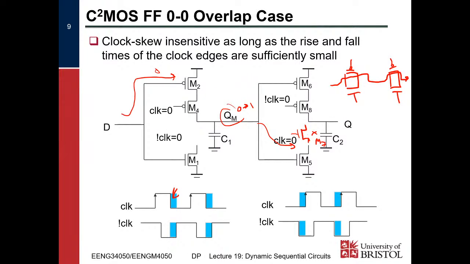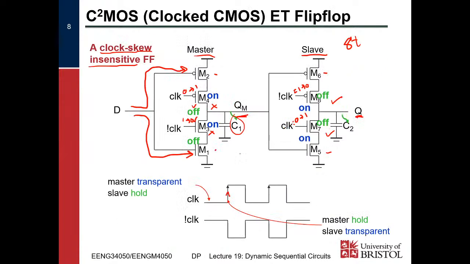Obviously, given that we're storing charges on these capacitors, we have a refresh period that we need to observe. We must change our data at least every now and again. Like, we can't leave our clock low for more than so many milliseconds.